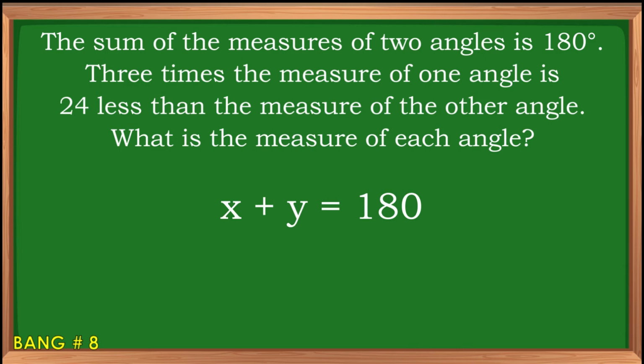For our second condition, since 3 times the measure of one angle is 24 less than the measure of the other angle, we write 3x is equal to y minus 24. Let us use substitution to solve the problem. The system of equations consists of x plus y is equal to 180 and 3x is equal to y minus 24.